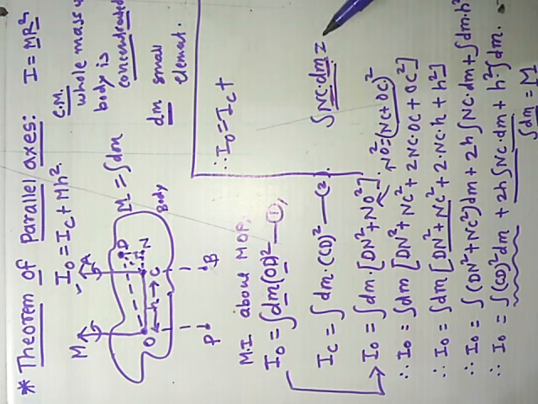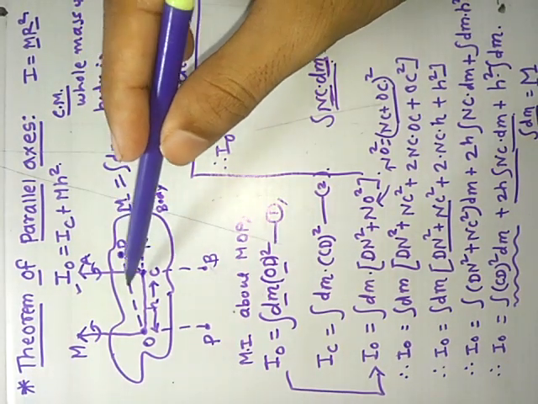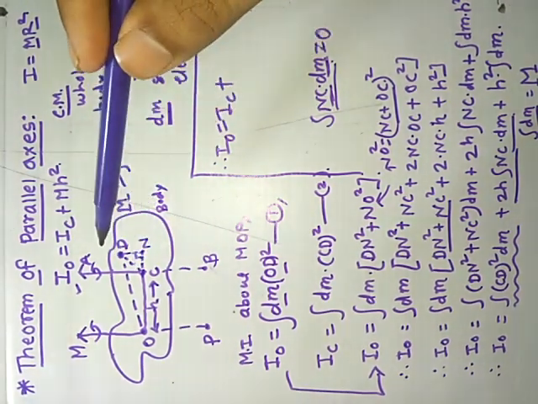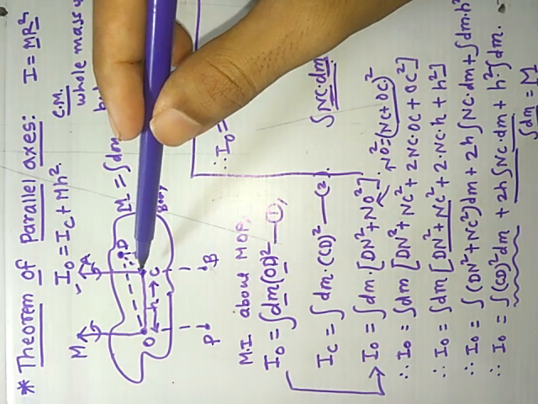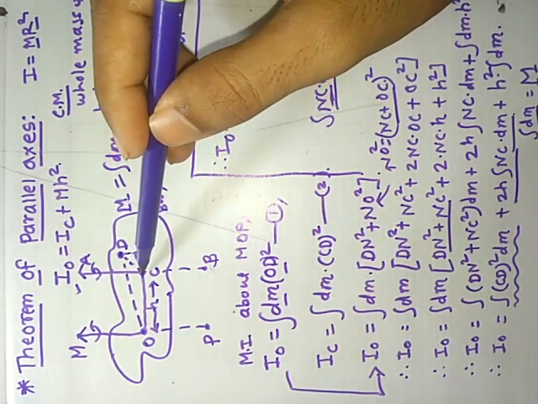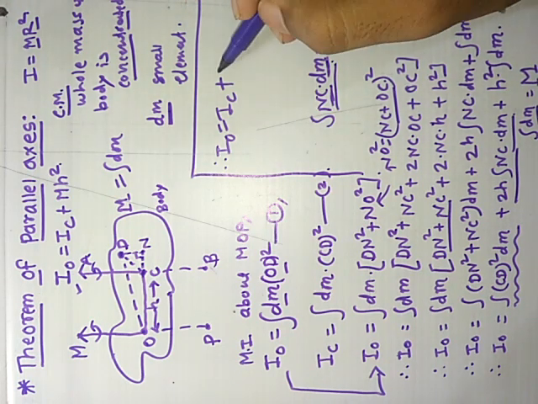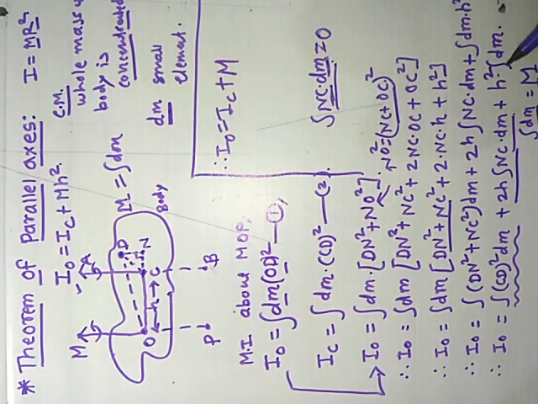So the integration of this quantity is equal to 0, because all the mass of that body is supposed to be concentrated at a point C. So this quantity is 0 again, plus here h square integration of dm is a capital M mass of that body, so capital M and h square as it is.